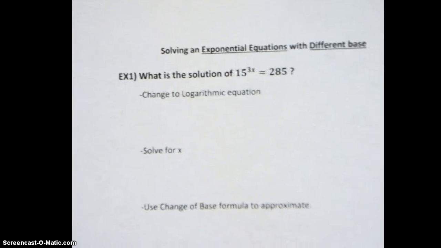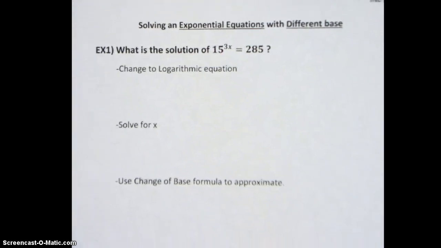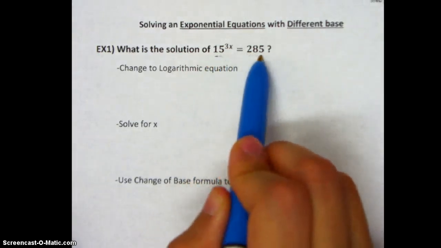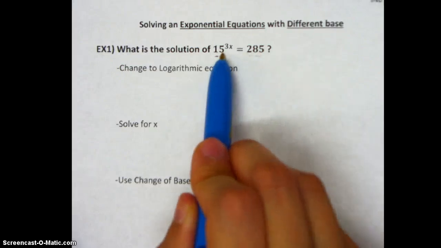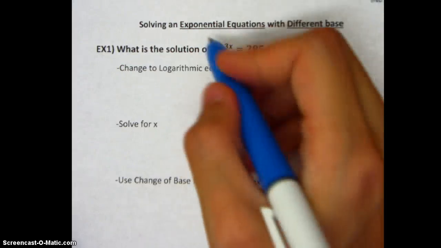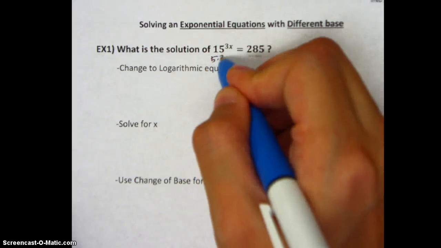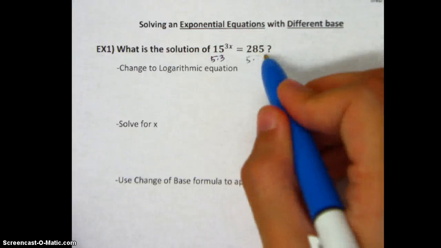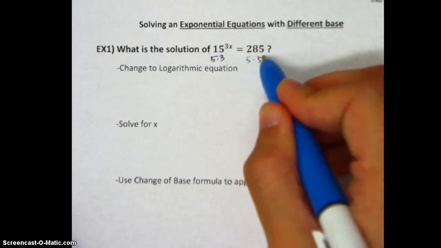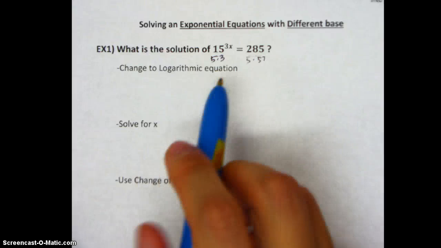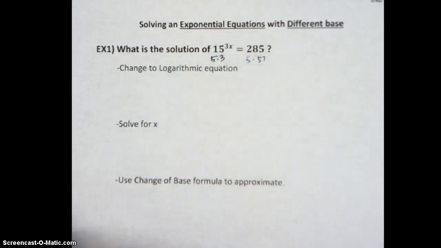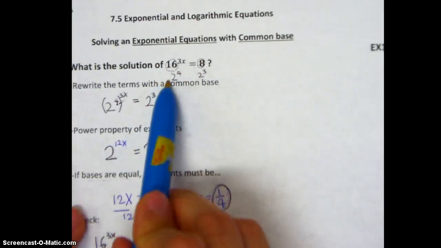Okay, the second type of problem is the exponential equation that does not have any common base. If you look at this equation, you see 15 and 285. Well, they look like they are both divisible by 5, but 15 is actually just 5 times 3. If I divide 285 by 5, I will get 5 times 57. So it seems like we cannot express both numbers in terms of the same base like what we did here.